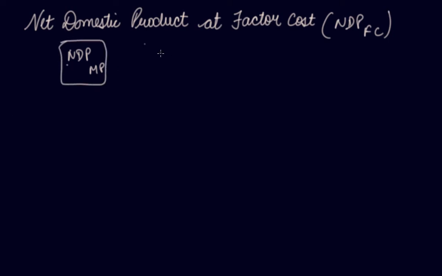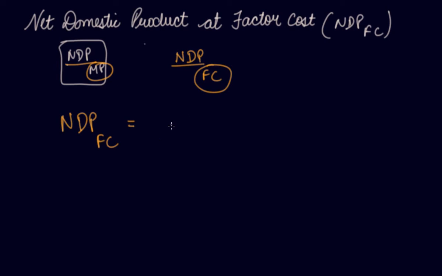Now we have to calculate net domestic product at factor cost. See, NDP and NDP are same. You have to convert market price to factor cost. For that, in order to calculate NDP at FC, you need to convert NDP at MP into FC.